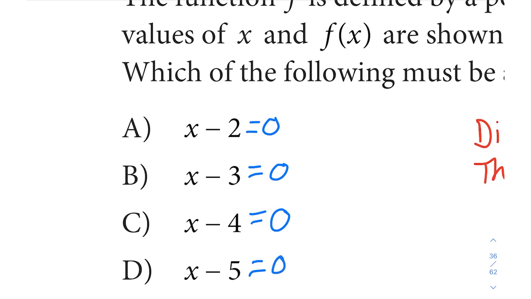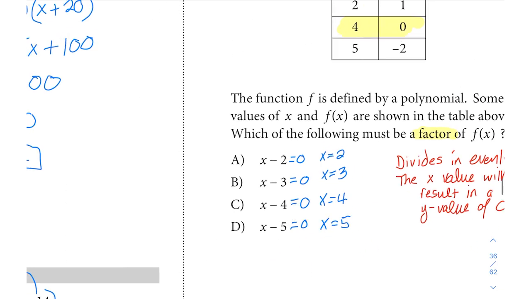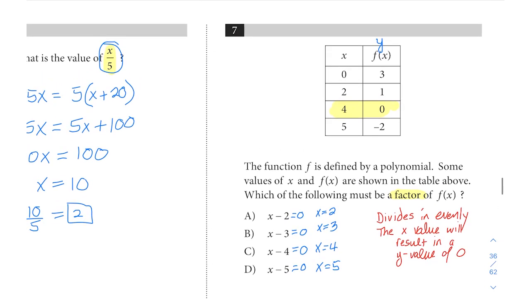And you could probably already tell that it's 4, but if you take a look at these x minus 2, minus 3, minus 4, minus 5 expressions, when you go to solve it as an equation, you add 2 to the other side. So this would give you x equals 2, x equals 3, and so forth. x equals 4, x equals 5. So that's how the factor corresponds to a particular value of x.